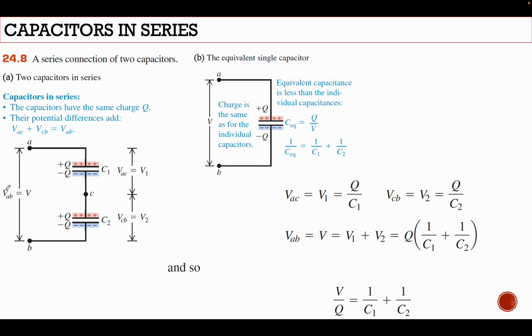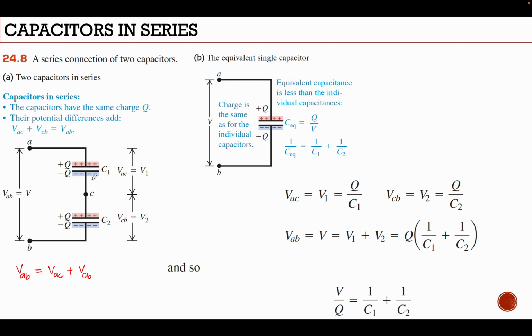To solve for the potential difference from point A to point B, we have VAB is equal to the potential difference from point A to point C plus the potential difference from point C to point B. If we only had two points, there would be no point C, and we could go directly to VAB.